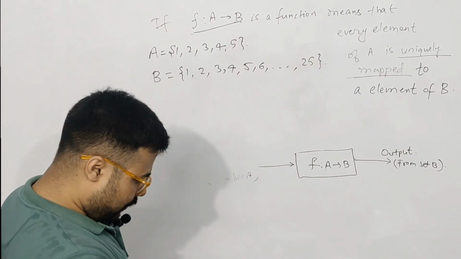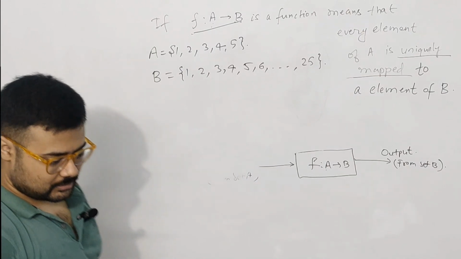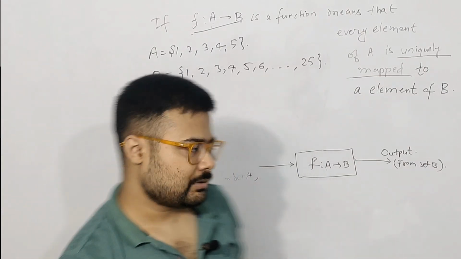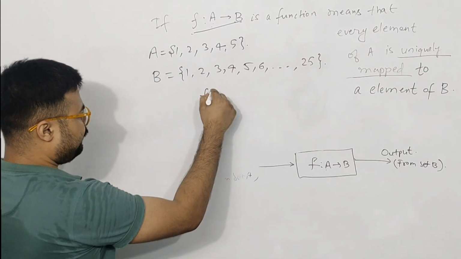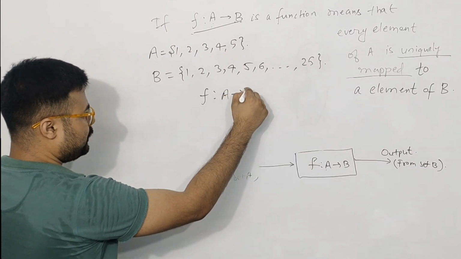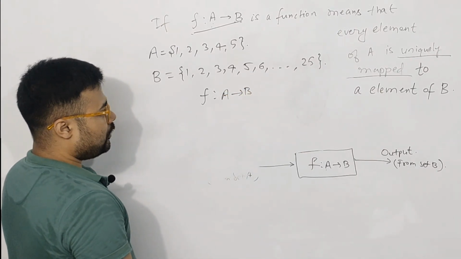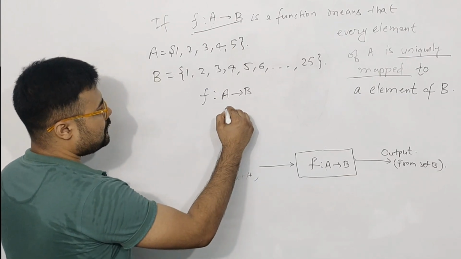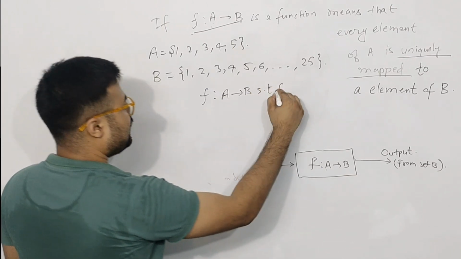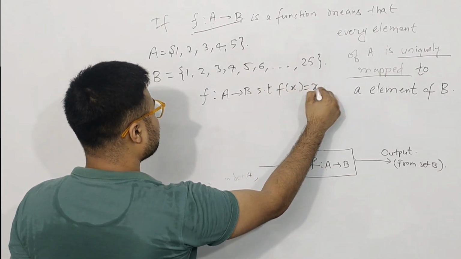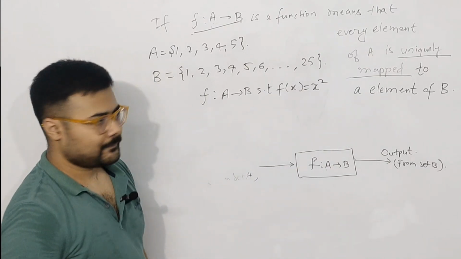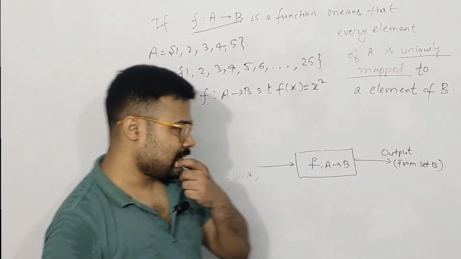What is the ruling condition? If the function is f from A to B such that f of x is equal to x square, then this is a function.